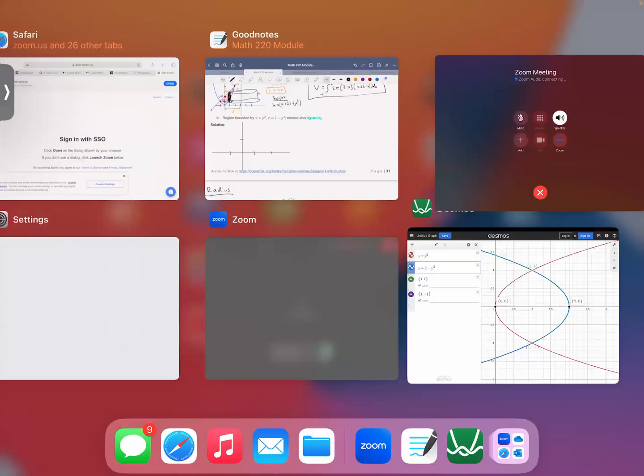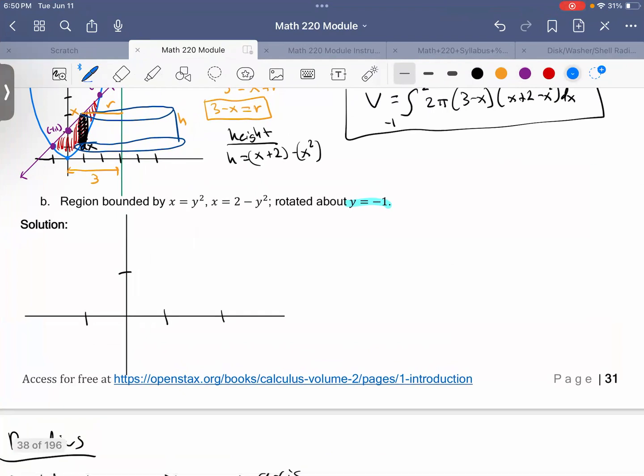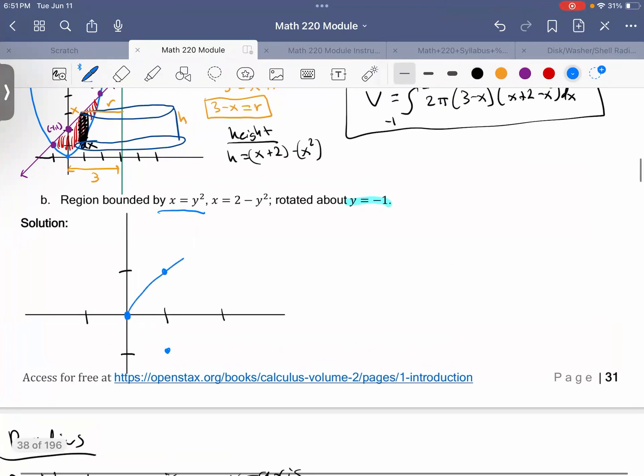I'm going to use blue for this one, and it's going to be 0, 0, 1, 1. Sorry, forgot the tick down here, going to be -1, and then just sketch that out.